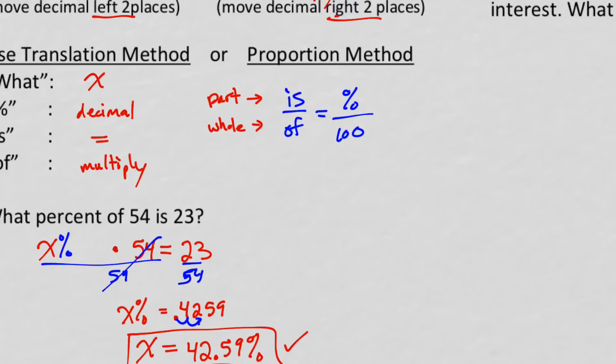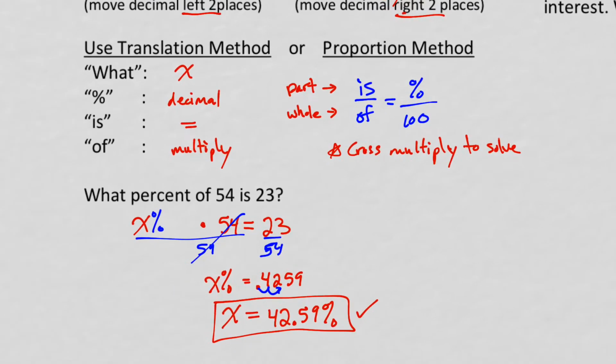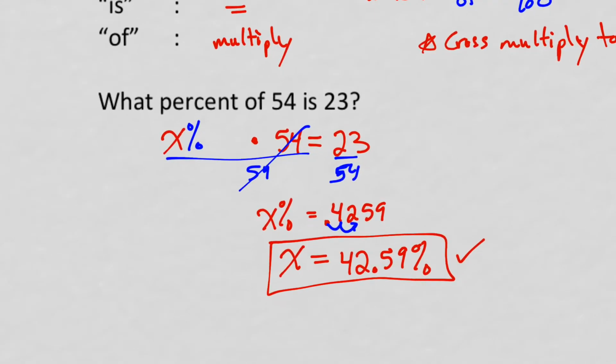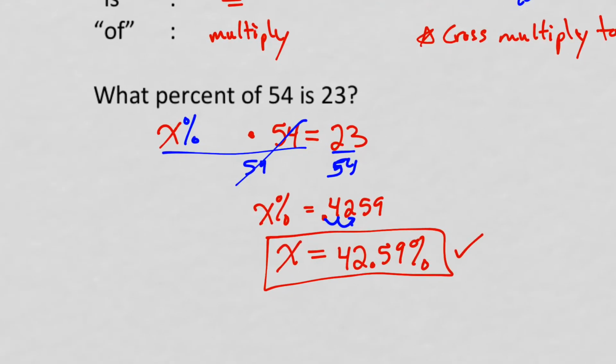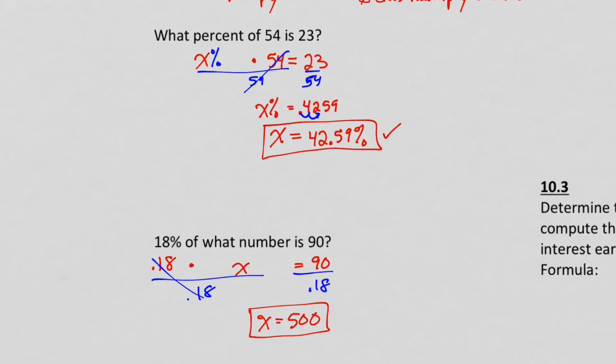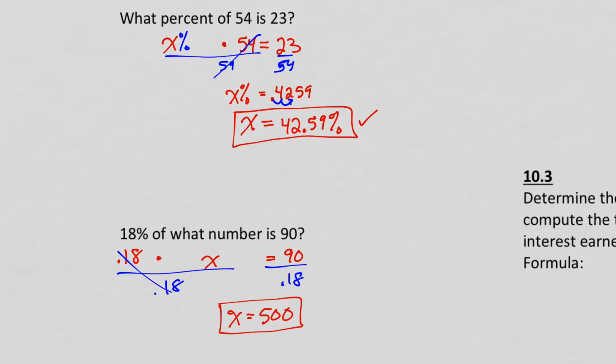And then to solve, you have to cross multiply. So some people don't like the cross multiplying aspect of it. So if you don't like that, we can just stick to a one-step equation by dividing on both sides, like in these two cases.